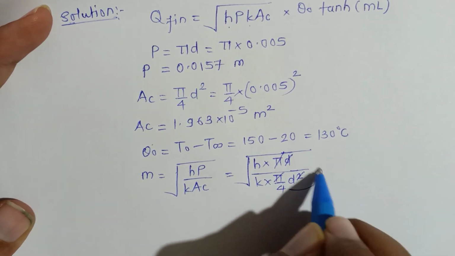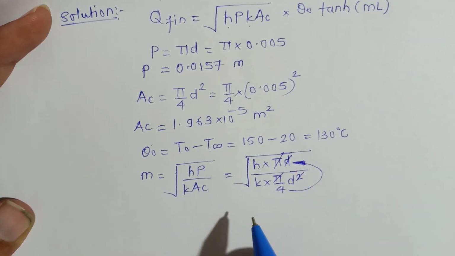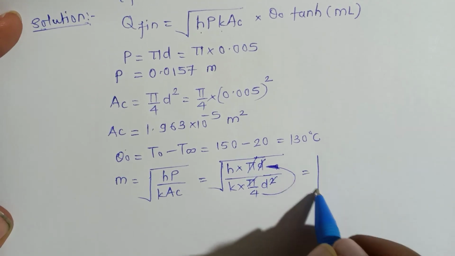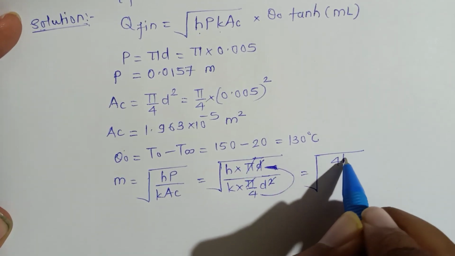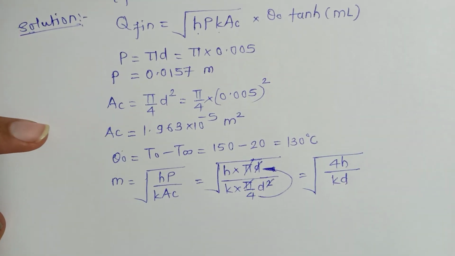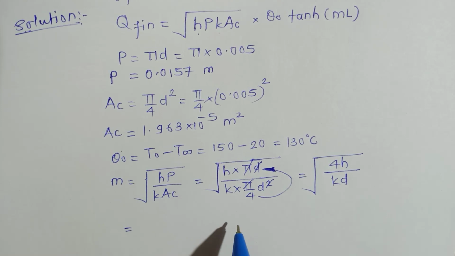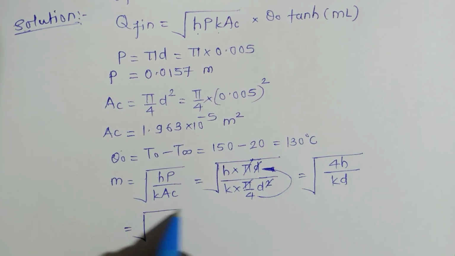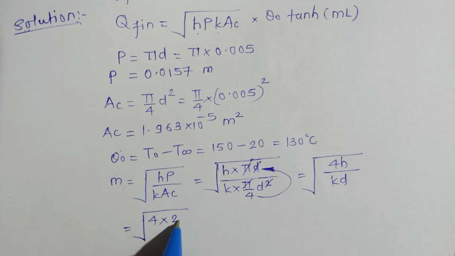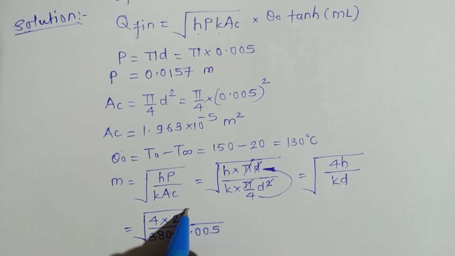This 4 from the denominator of the denominator can go into the numerator. So ultimately we get 4h upon kd. This will hold true if it is a cylindrical fin. In case of other geometry of the fin, this will not be correct. We simply reduced the terms that we need to put in the calculator. So this is 4 into h, which is 20, divided by k, which is 380, and diameter is 0.005.